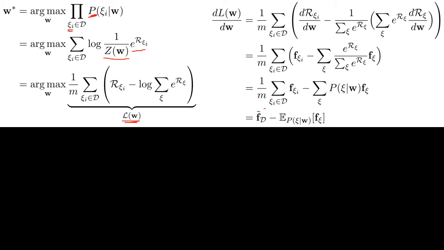What this tells us is an important result: the gradient is composed of two terms. The first one is really simple. This is just the feature expectation for the demonstrator.